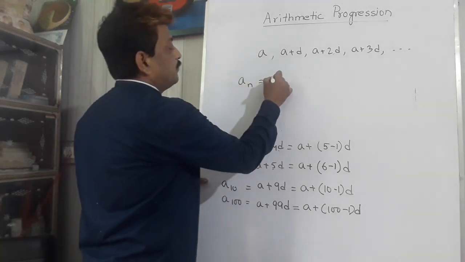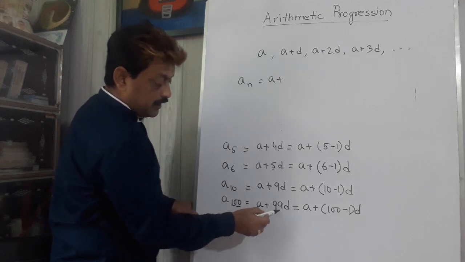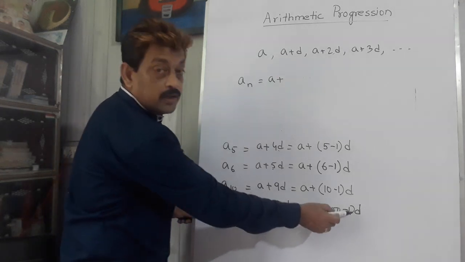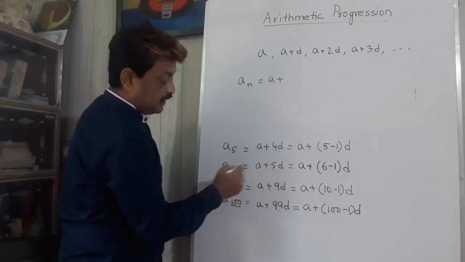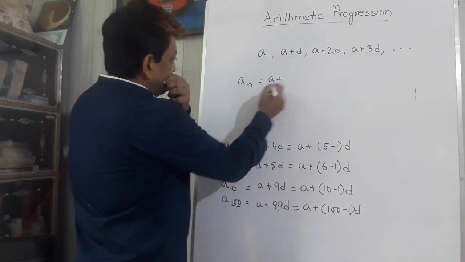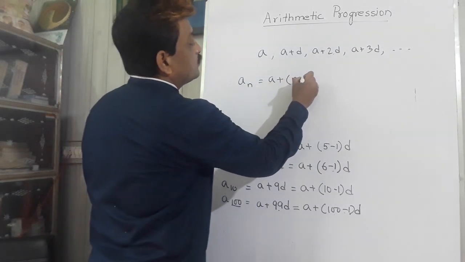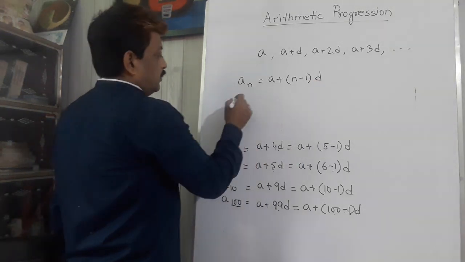Very easy, the same pattern is to be followed. A plus, whatever I have written here, there is one less: 100 minus 1. Here 6, so it is 5, one less, obtained by 6 minus 1. So here it is n, so it will be n minus 1 d. Understood?